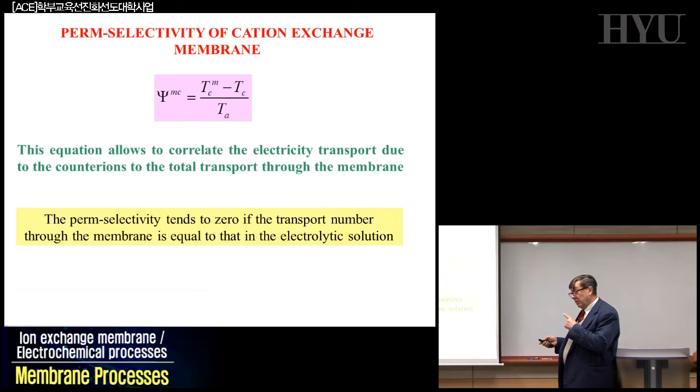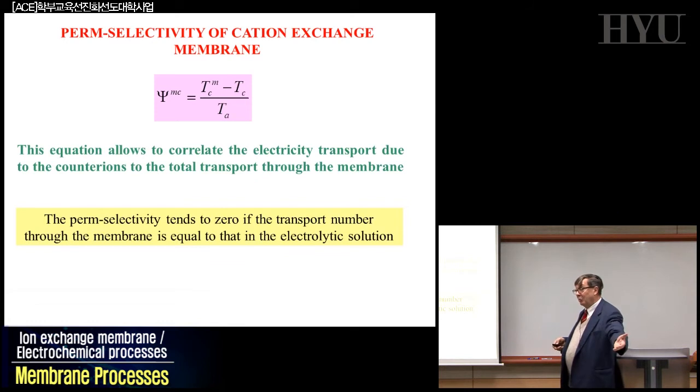Remember that the membrane doesn't work also in situations in which the fixed charge density is not higher than the concentration of the solute. So you can have a membrane that works very nicely, with a nice permselectivity, for a certain value, where the membrane has a certain fixed charge density.